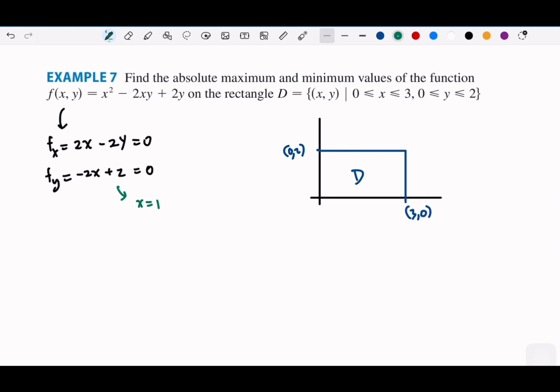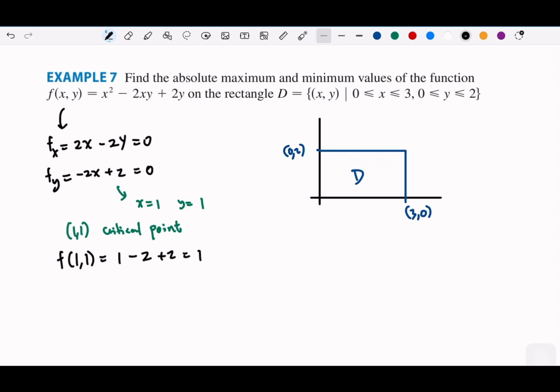When x is 1, y is also 1, right? So (1, 1) is the only critical point, and the value of f(1,1) is 1 minus 2 plus 2, which is 1.